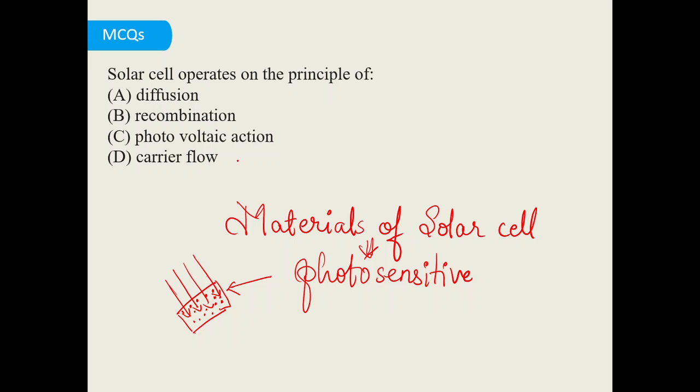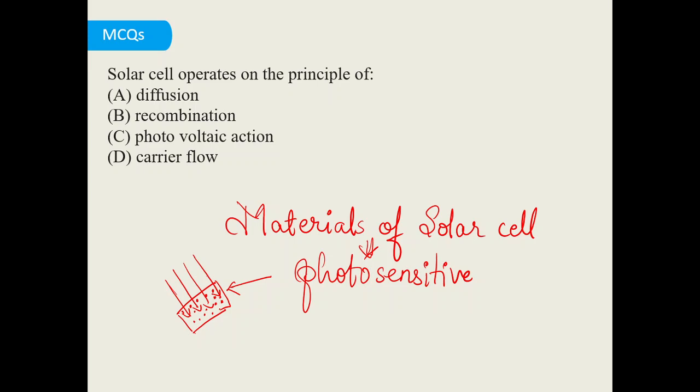That means whenever light falls on the depletion region, holes and free electrons will be formed. The free electrons accumulate in the N region, so the number of free electrons in the N region increases. Holes accumulate in the P region, so the number of holes in the P region also increases. So the cell is getting charged, positive is becoming more positive, negative is becoming more negative, and that means it can be used as a DC power source.